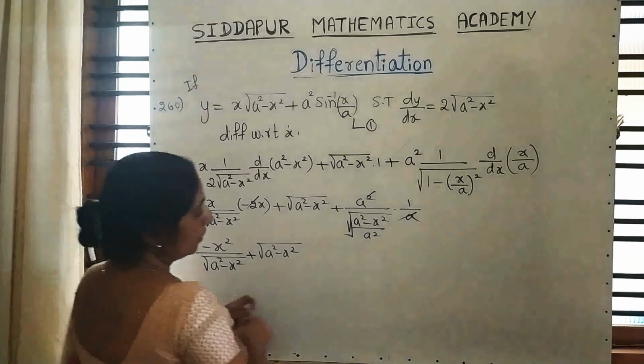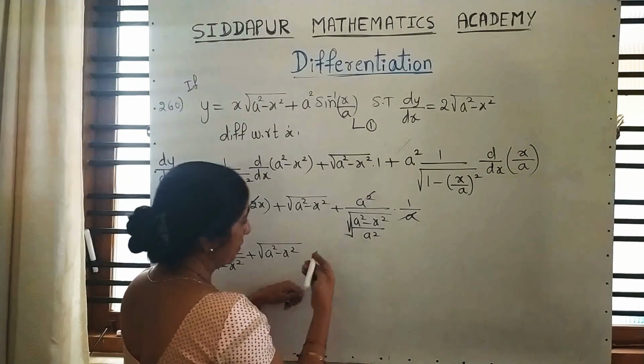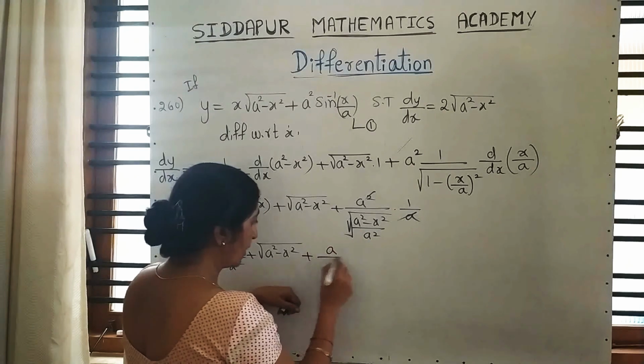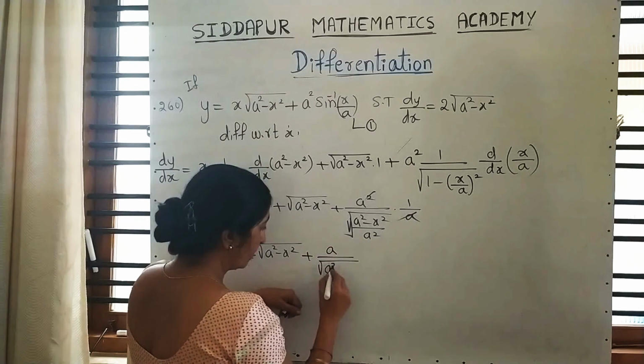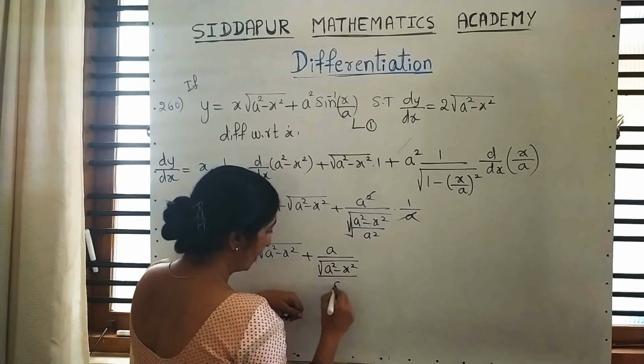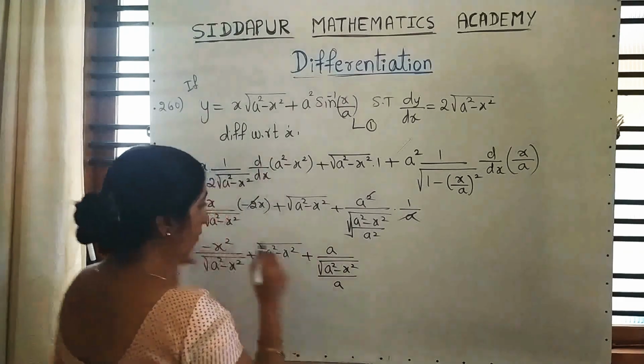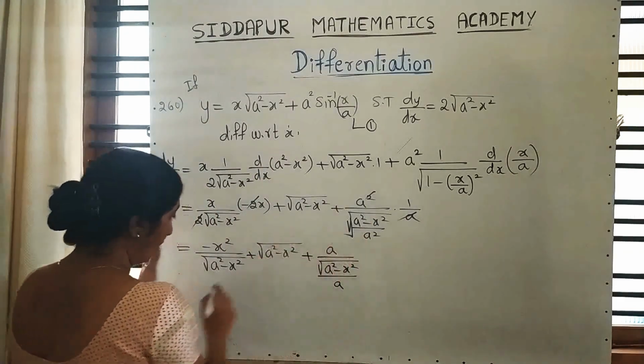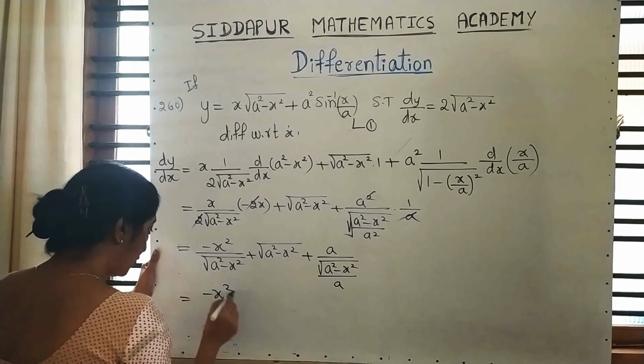Then what is the square root of a square? Square root of a square is a. Like this. Then in the next step this a goes up. Here 1 a cancels, that's why I write only a. Don't get confused.